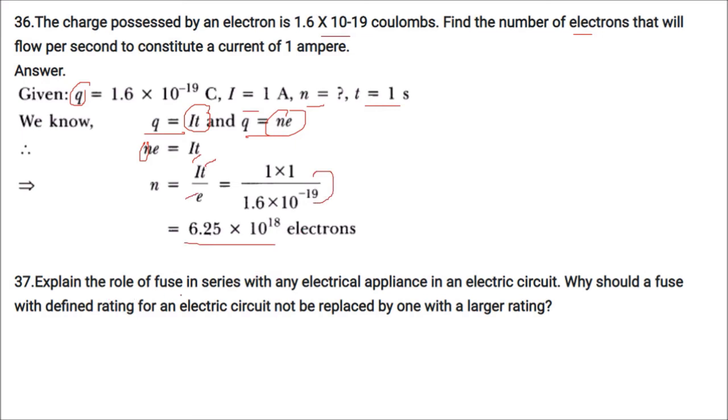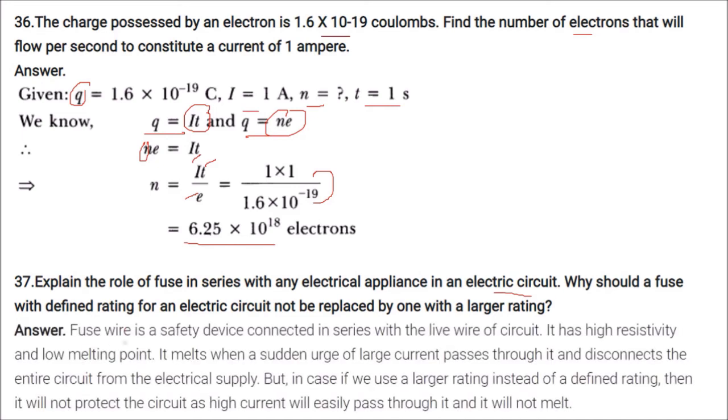Explain the role of a fuse in series with any electrical appliance in an electric circuit. Why should a fuse with a defined rating in an electric circuit not be replaced by one with a larger rating? So here the fuse wire is actually a safety device which is connected in series with the live wire of the circuit. It has very high resistivity and a low melting point.